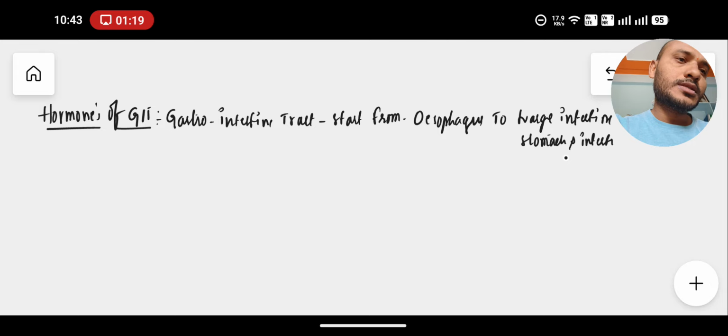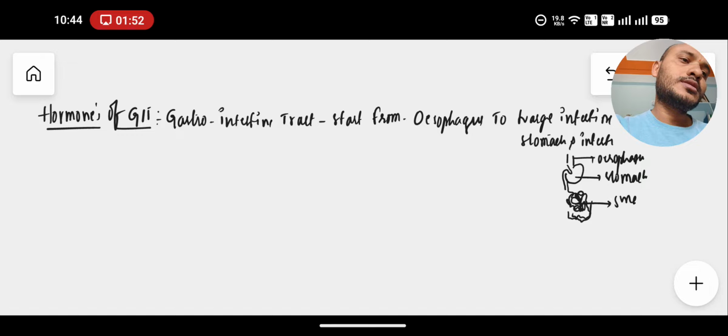Here, see, this is the esophagus, and it leads into the stomach. Then it continues into the small intestine, and this is the large intestine.